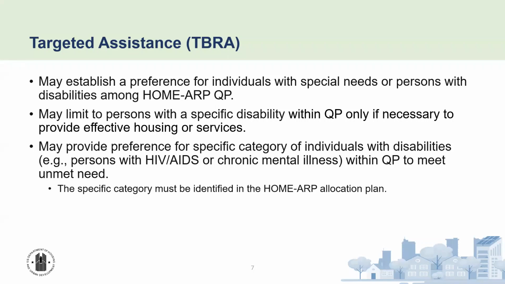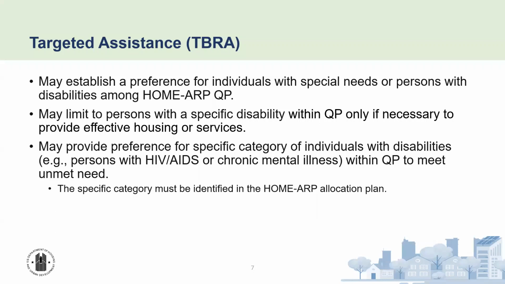The PJ may also provide a preference for a specific category of individuals with disabilities or individuals with special needs among the HOME-ARP QP population. So an example is persons with HIV/AIDS or chronic mental illness within the qualifying population.